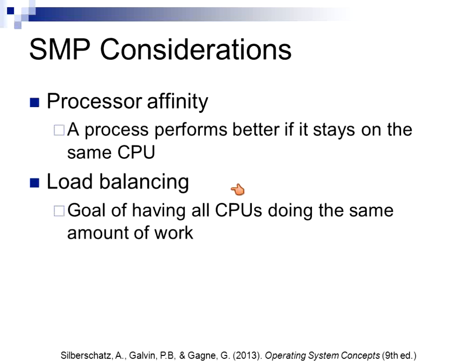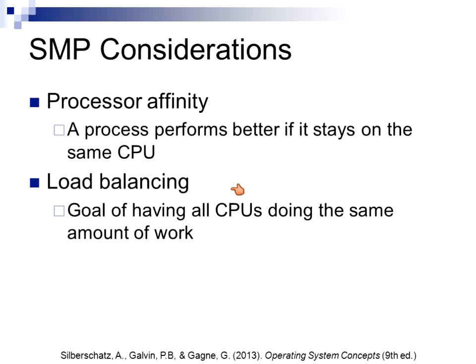Now, when you get something where one CPU is very busy and other CPUs are more idle, there are a couple of different ways it could be handled. There's a push model, where the overloaded CPU gives its work to the idle ones in an attempt to balance the workload.